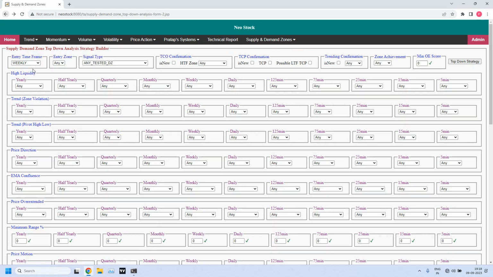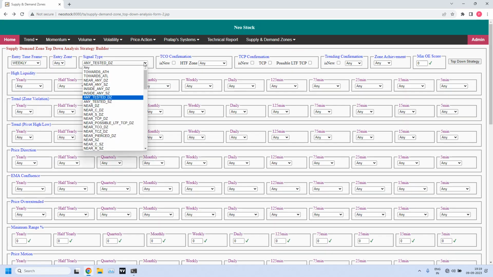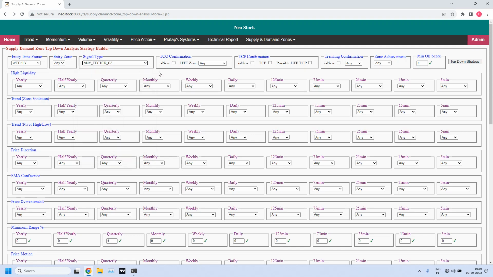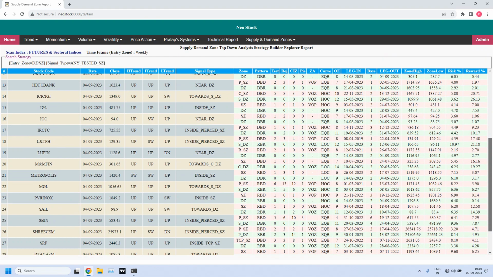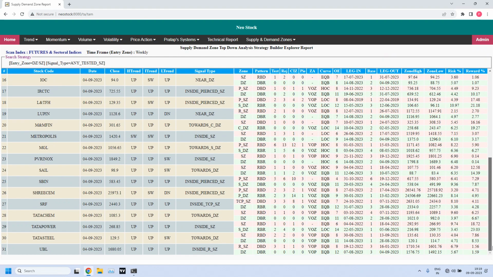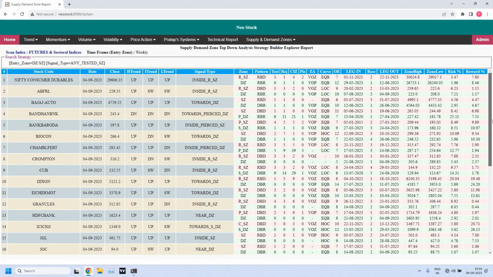So let's go back. Entry time frame weekly, and this time the signal type is tested weekly supply zones. So let us filter the stocks. So 31 weekly supply zones are tested during this week.